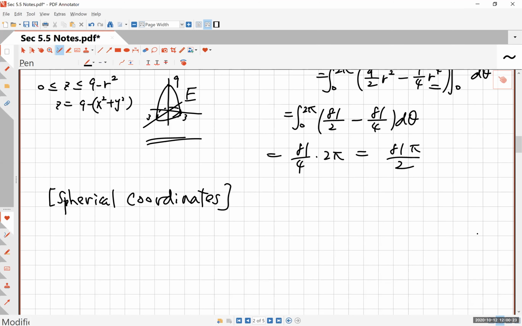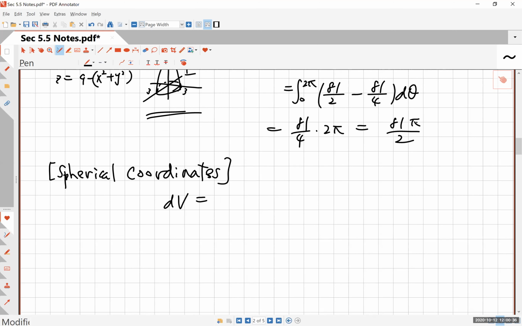And so that's why I have provided you with a separate part of this video, 5.5 extra, where you find that through some hard work on what appears to be like the Earth, and look at the globe, and then find out that dV in spherical coordinates turns out to be rho squared sine phi d rho d phi d theta, okay?